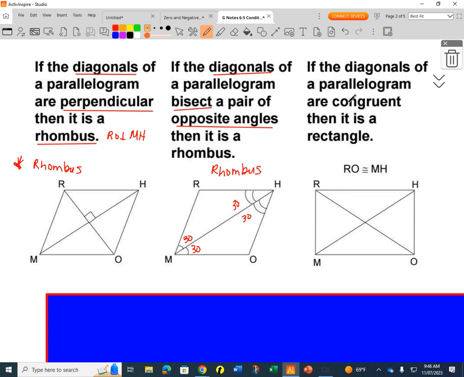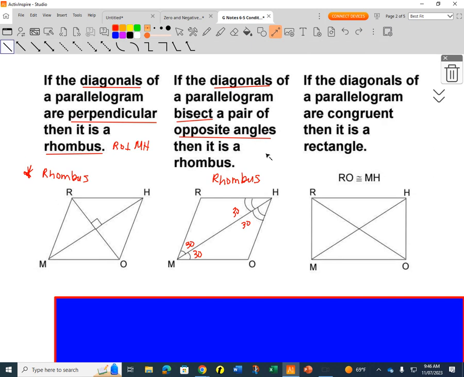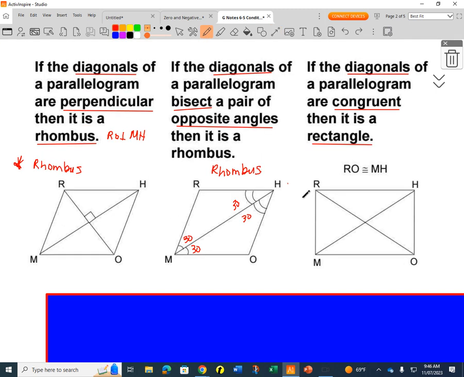And this is all reviewed from yesterday, right? If the diagonals, we're going to underline diagonals again, of a parallelogram are congruent, then it is a rectangle. The way they're usually going to tell you that the diagonals are congruent is either label the measure of them or mark them congruent.